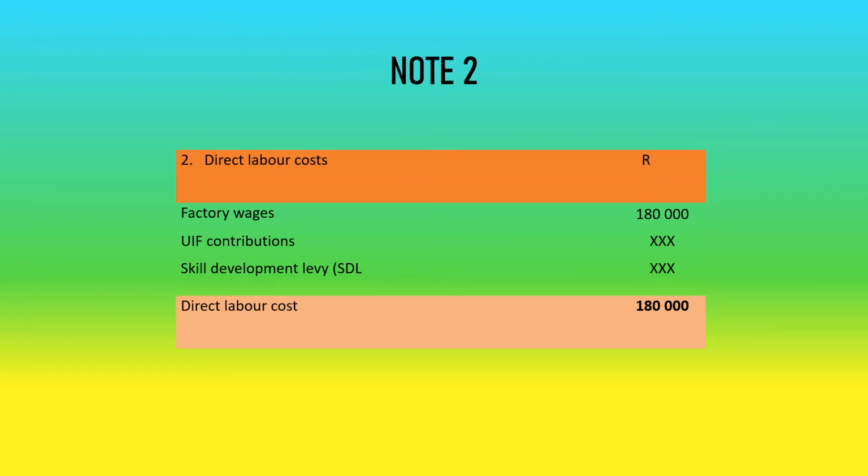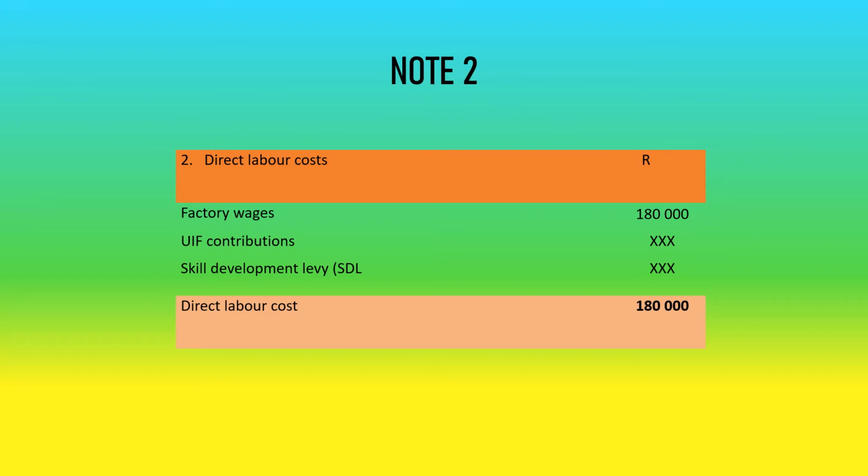Note 2 is about calculating direct labor cost. So we firstly have our factory wages. This was provided to us. If you go under the information where they tell us about the transactions for the year, under salaries and wages paid, they tell us that 180,000 rand of this was for direct labor. So we just put that down.